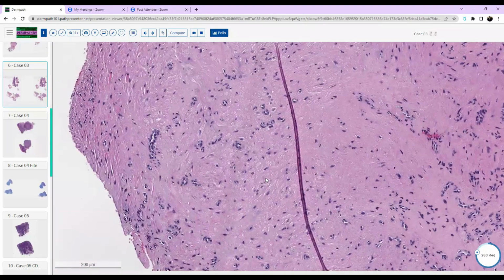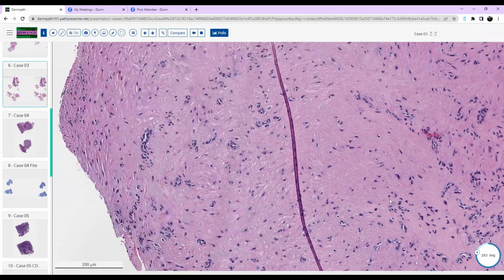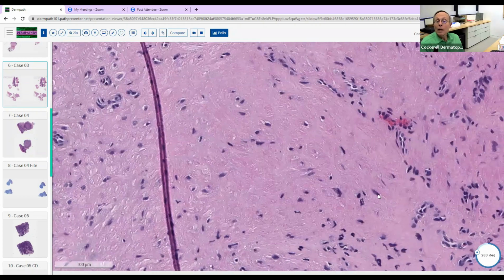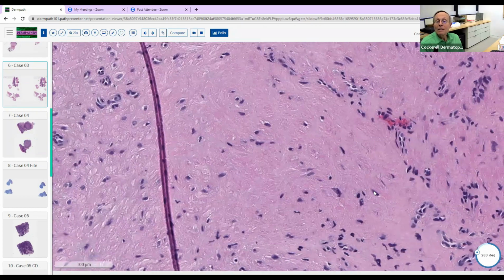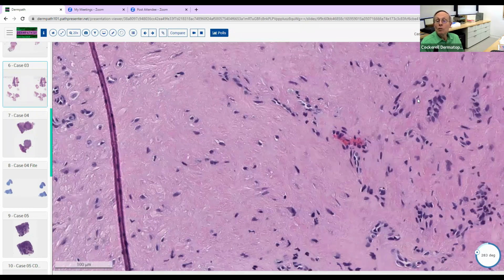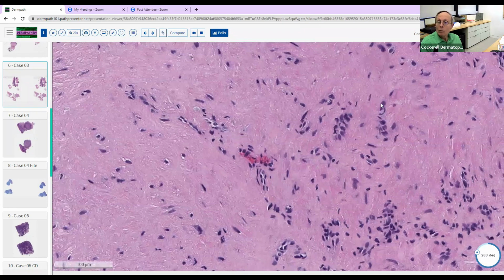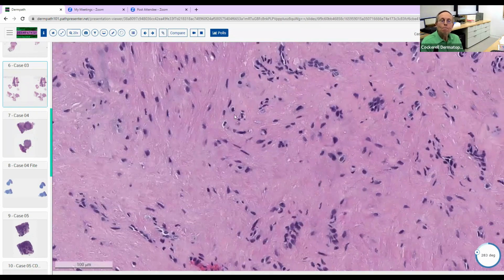Kind of what I was leaning towards for this slide because of the nuclei. They reminded me of cigar-shaped nuclei. Yeah, I agree. That looks pretty blunt, cigar shaped. Some of them have a stellate morphology. When you see that, that favors fibrohistiocytic differentiation.